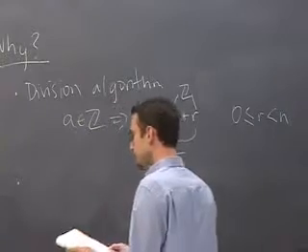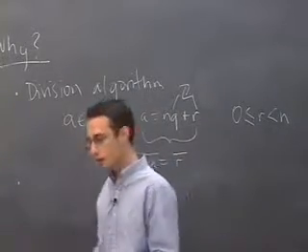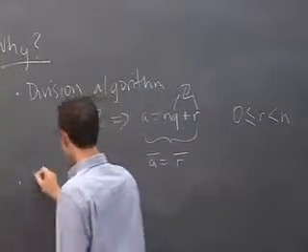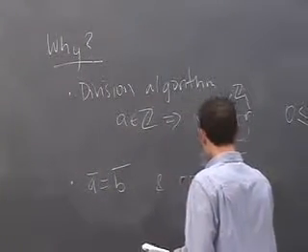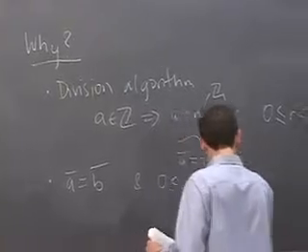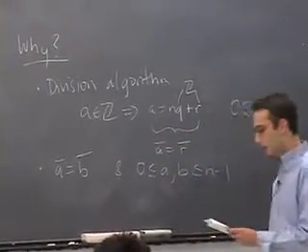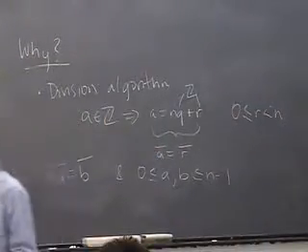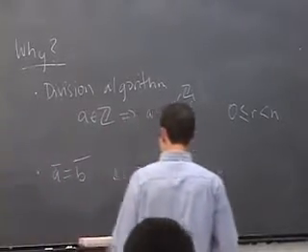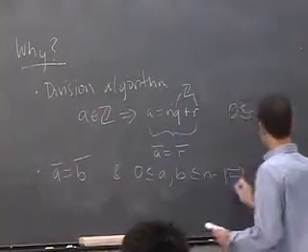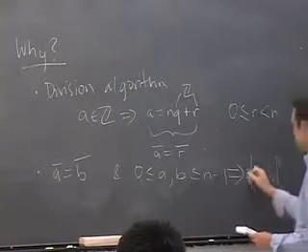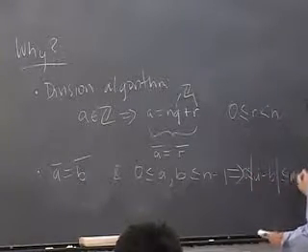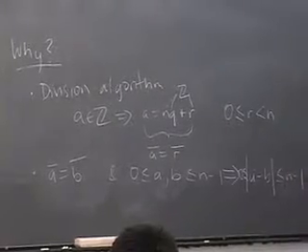Moreover, these are all distinct, because if a bar is the same as b bar, and we both have these things in the range 0 to n minus 1, then the magnitude of the difference between these things is also bounded by 0 and n minus 1.